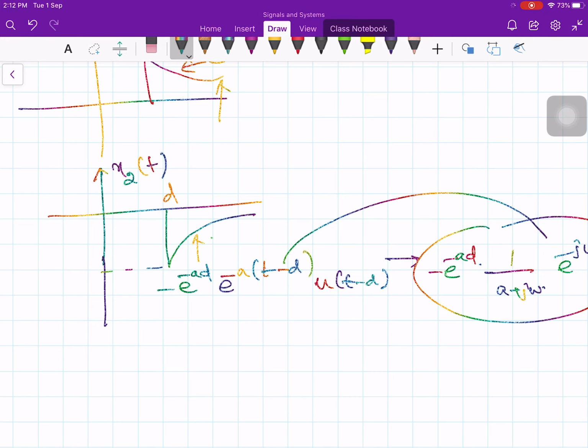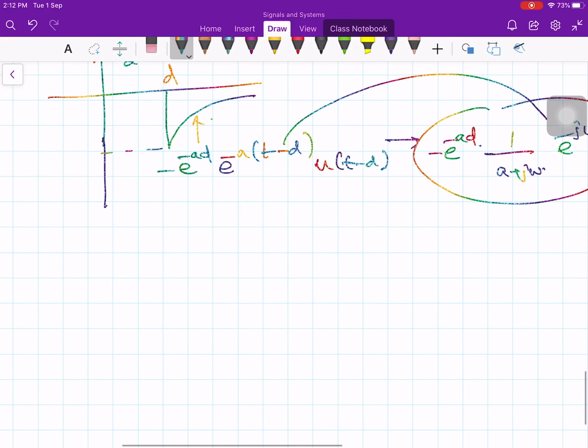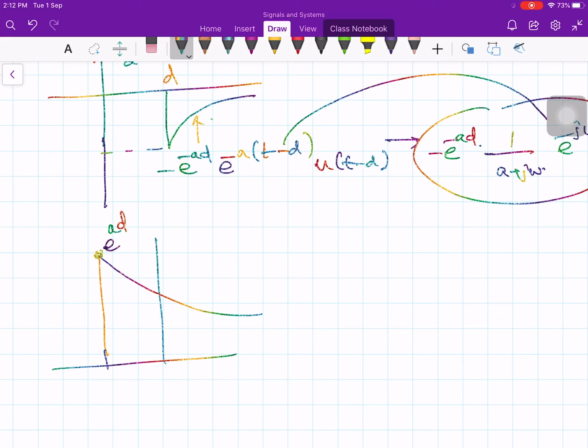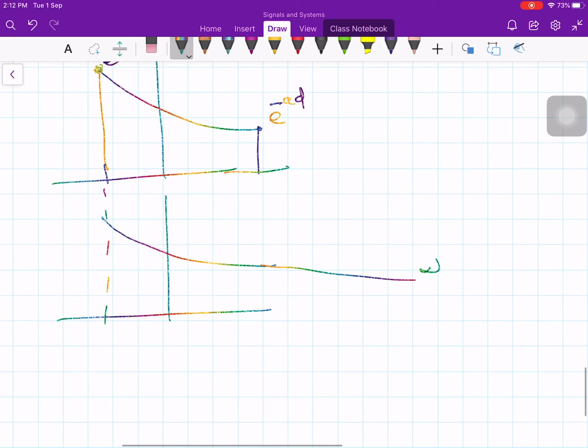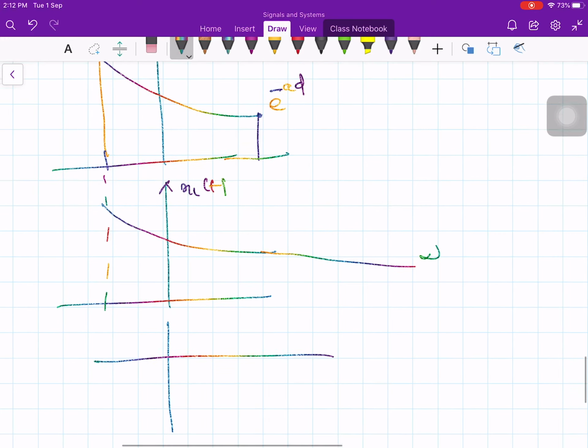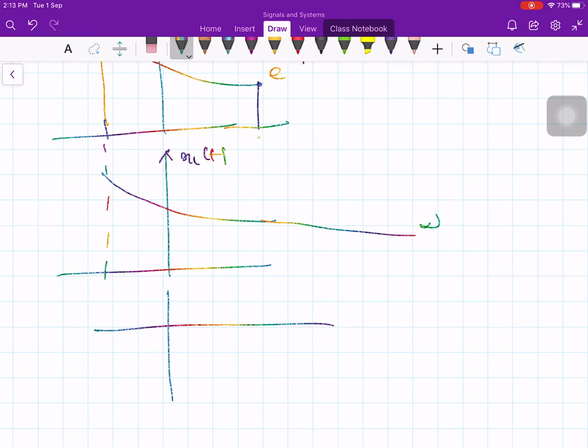So originally the given signal is like this. This point is e to the ad, and this point is e to the minus ad, and this I can construct as like this. It keeps on going up to infinity. This is my x1 of t. Now I will take one more signal, and this point it goes like this.